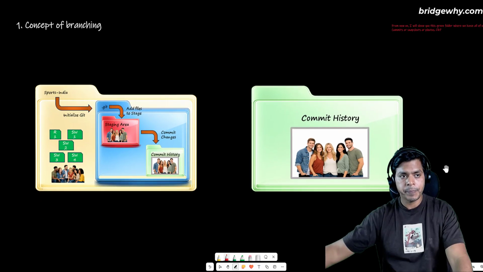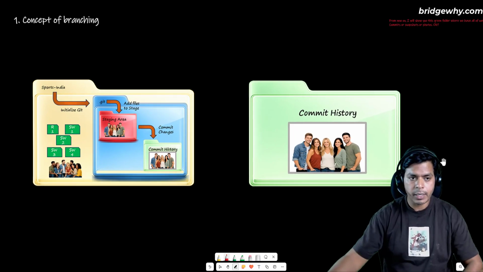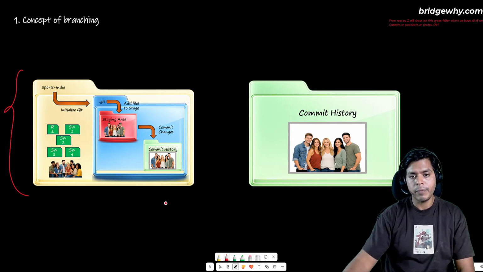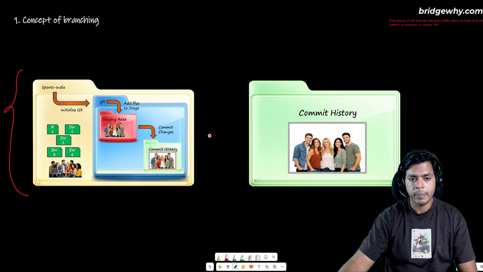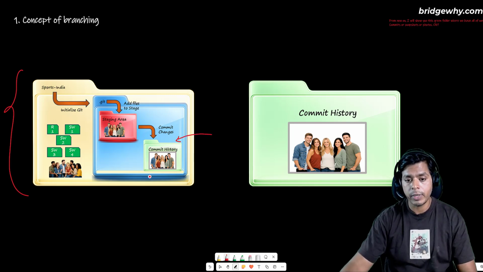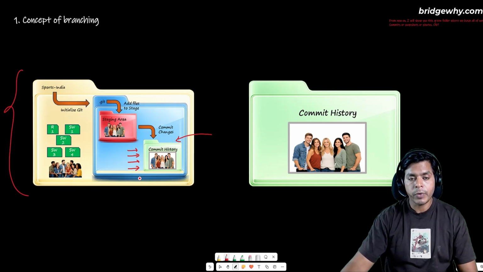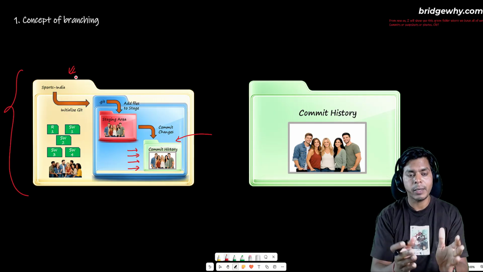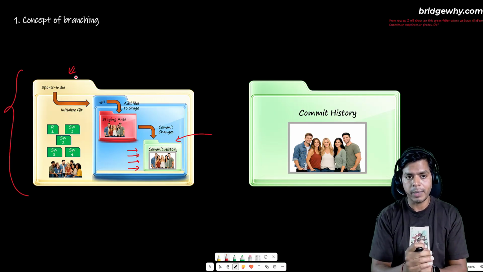But before that, if you have this picture in your mind, this is absolutely the correct picture. But from now on, I would like to showcase only the green folder from here. What was this green folder? The green folder was where you were storing all the snapshots, all the commits, right? From now on, I'm not going to show you the working directory because this diagram looks bigger.